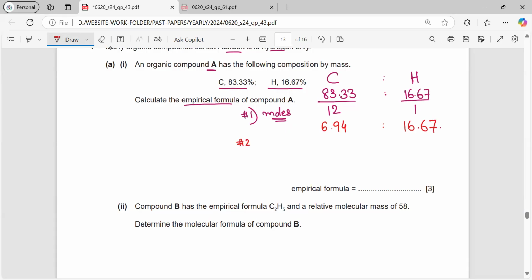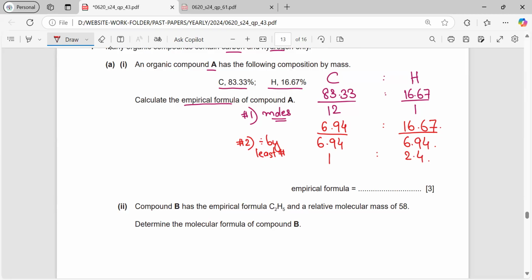Now to find the whole number ratio, we have to divide by the least number. Here, the least number is 6.94. So we'll divide both of them by 6.94, which makes carbon 1 and hydrogen 2.4.